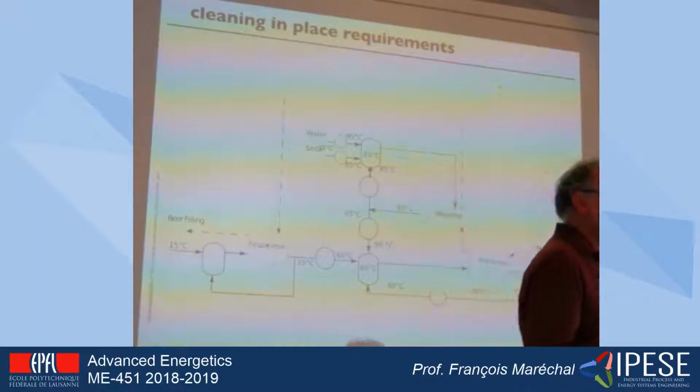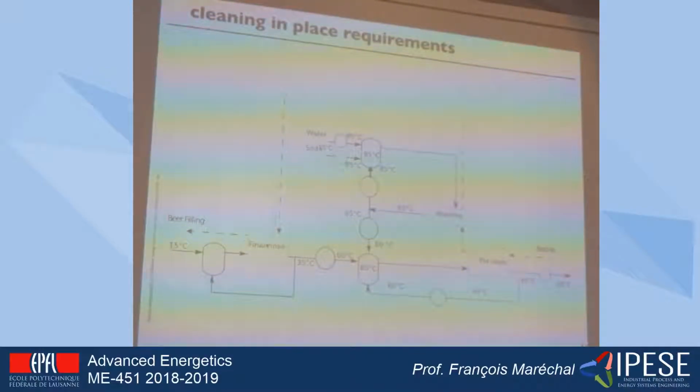And the needs are expressed as the amount of water that needs to be flown against the bottles here, another amount of water at 85 degrees C that needs to be used for the washing step, with an additional constraint saying that the quality of the water there has to be maintained. That is what justifies the fact that we do not just loop the water, but we have to add soda and raw water. That's mainly because otherwise you will concentrate the dirt in the water, okay?